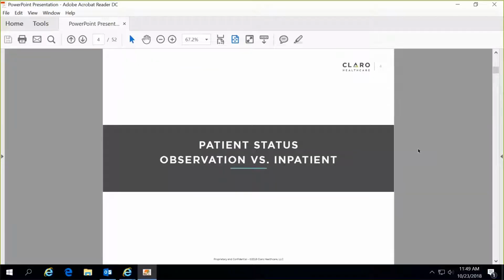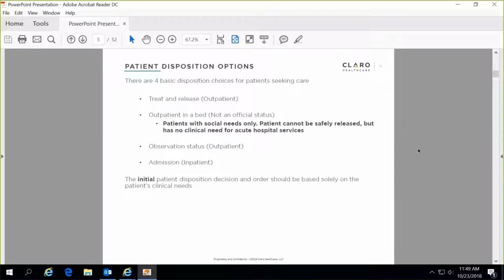So for patient status, we have patient disposition options, or status options. We have 4 basic ones. So we treat and release. We're going to treat them in the ED, and the ED doc says, okay, they can go home. Outpatient in a bed. Maybe the ED has treated, but we're waiting on that one piece of lab, and then they can go home. They should not be observation at that time.